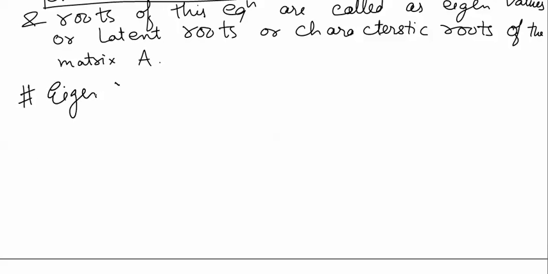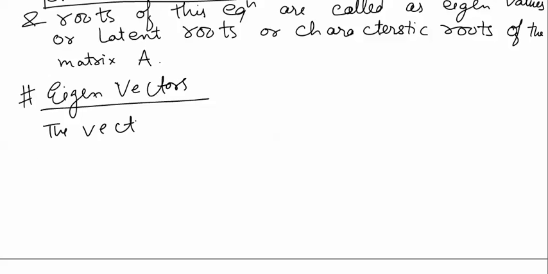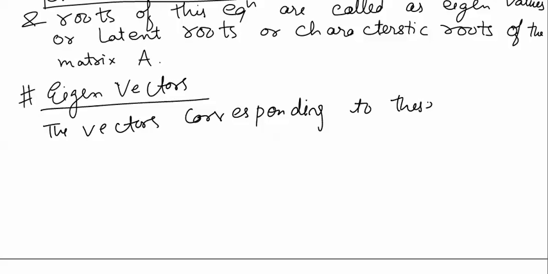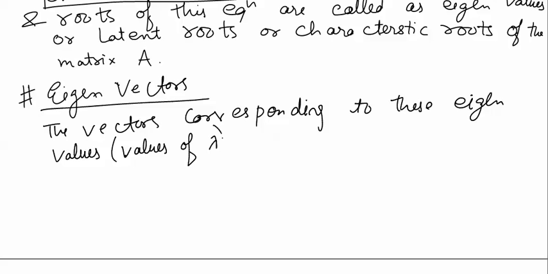If you say eigenvectors, you can easily say that the vectors corresponding to these eigenvalues, or values of lambda, are called eigenvectors.